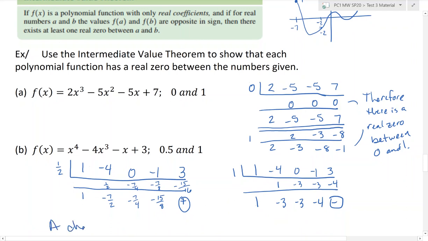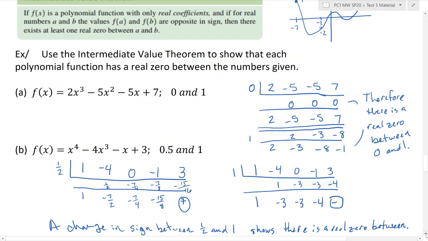A change in sign between 1/2 and 1 shows there is a real zero between. Okay.